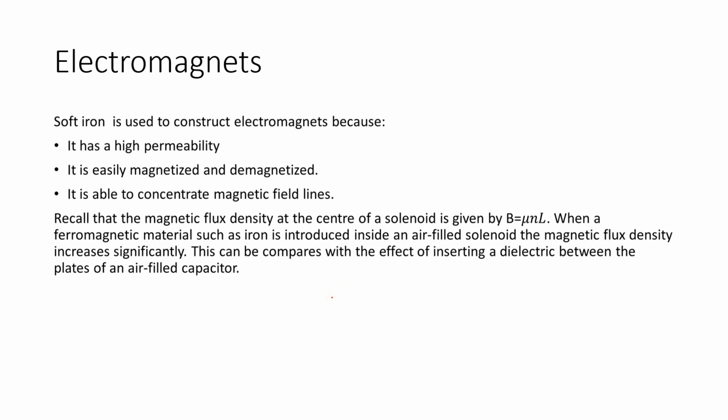To become magnetized is when you make the metal become magnetic, right? And there are several ways in which we can make soft iron become magnetic. One method is by electrical means. Another method is by striking the soft iron across a permanent magnet.